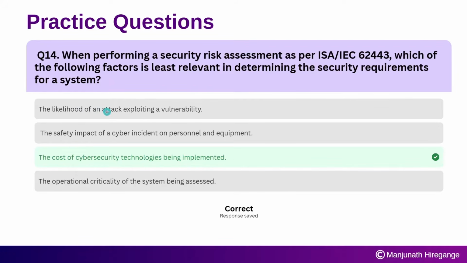The other options like likelihood, yes, definitely, and then safety impact, because assessing potential impact on personnel and equipment ensures that the security measure addresses both operational and safety risks. And finally, the criticality, yes, because it dictates what level of protection is required, right? So the correct answer is the cost of cybersecurity technologies being implemented.